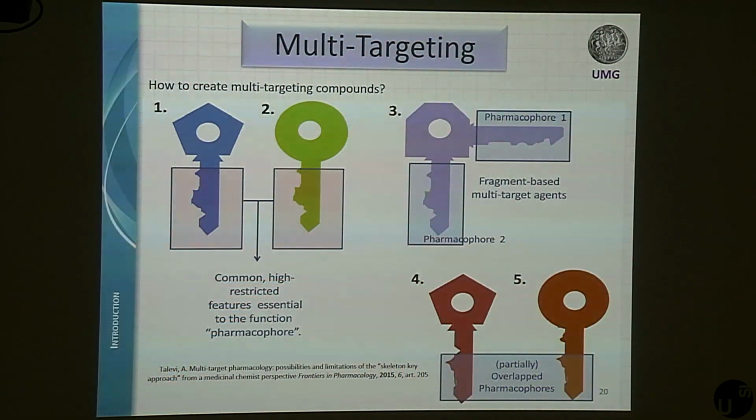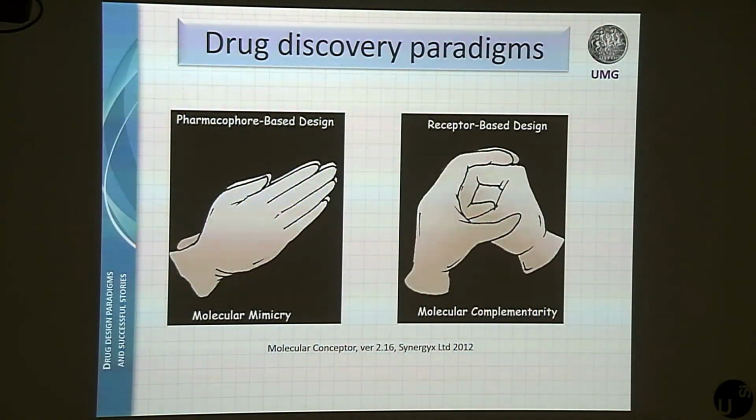Now, the point is how it's possible to combine in one key two features that we want to implement. It's a really big job, an important job, and it's hard because when we introduce modifications, we can obviously have side effects, but it's true that we have computational tools able to do that.